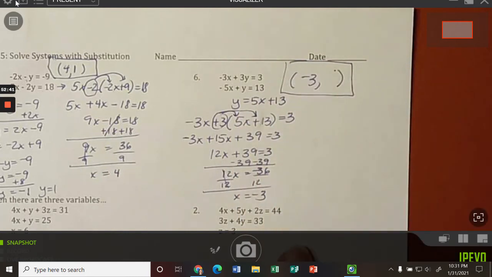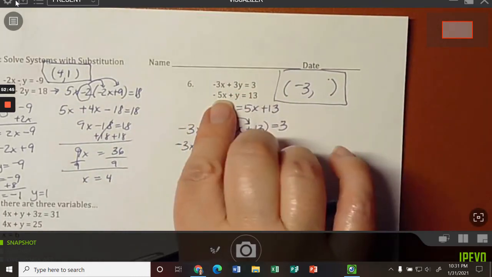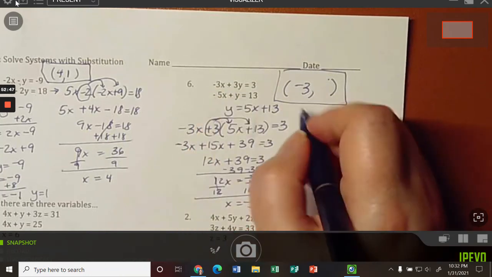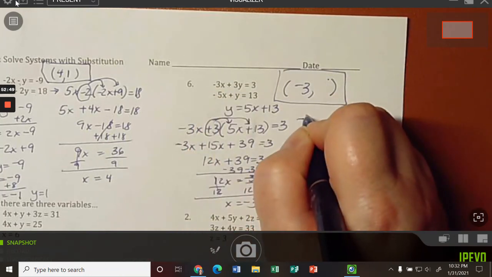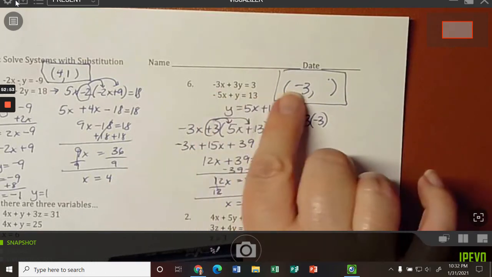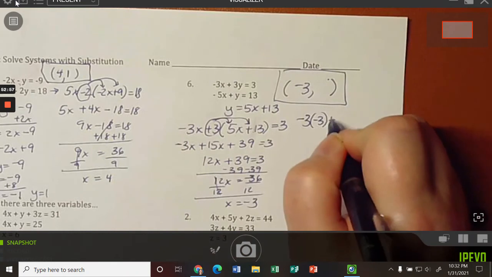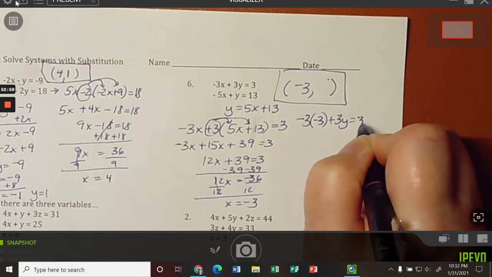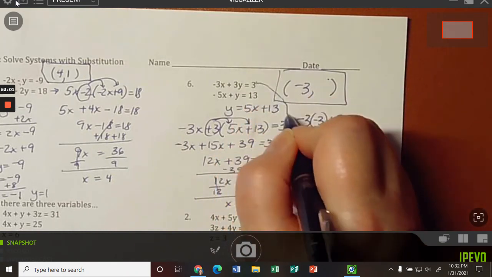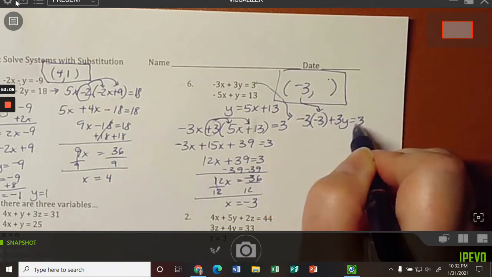Okay, and then once we have x equals negative 3, you can plug that into either one of these equations to solve for y. So I'll use the top equation, negative 3x, but instead of x, we're plugging in negative 3. So negative 3 times negative 3 plus 3y equals 3. So again, I just took this equation, I rewrote it here, but I put this in for x. So now I'm solving for y.